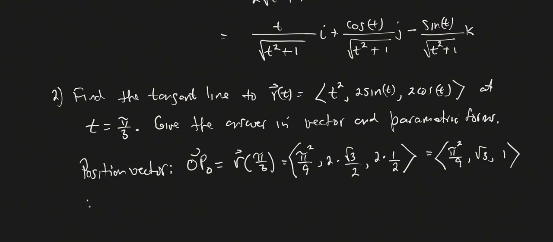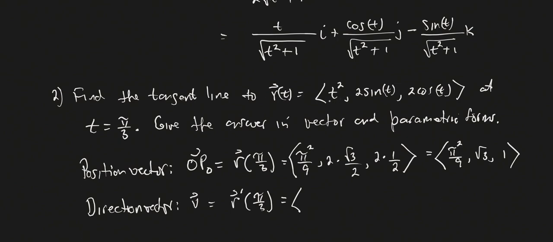Next up is the direction vector of the line. Again, I'm just using the old notation that we used for position vectors and direction vectors. That one now is the derivative, so it's r prime of pi over 3. Let's mentally differentiate and then plug it in.